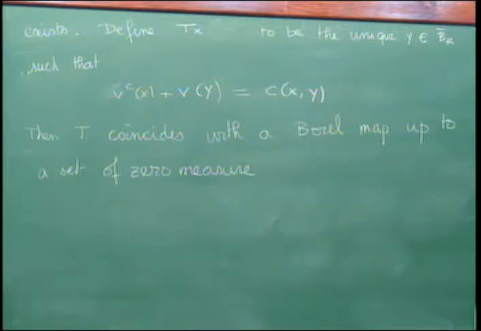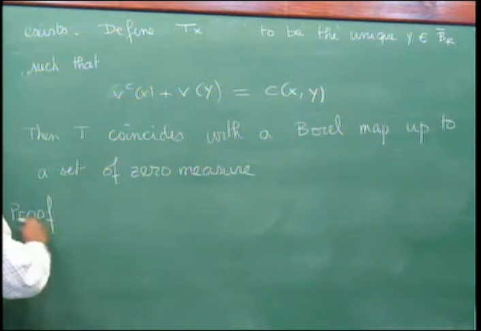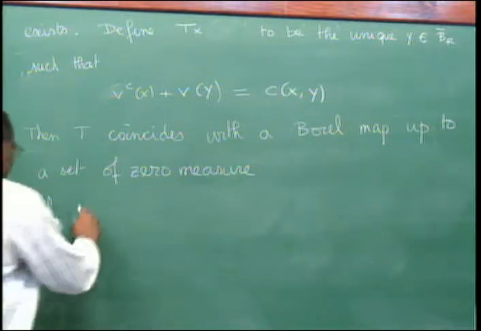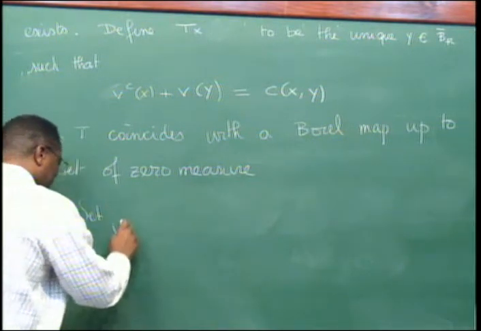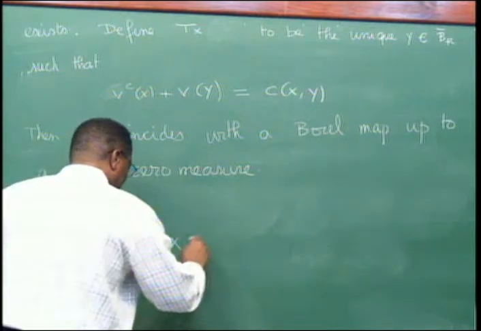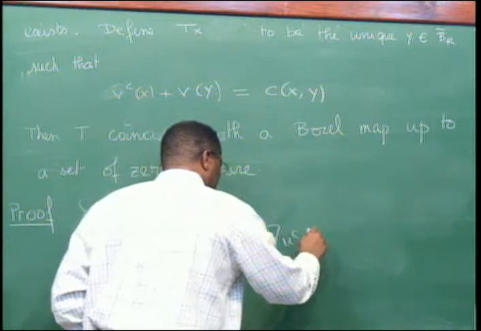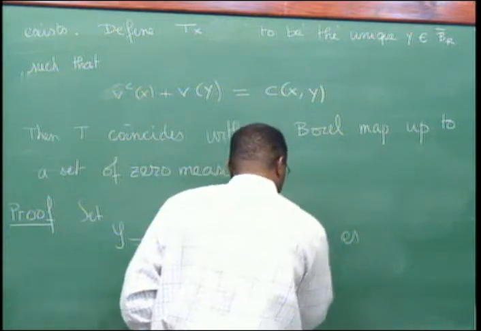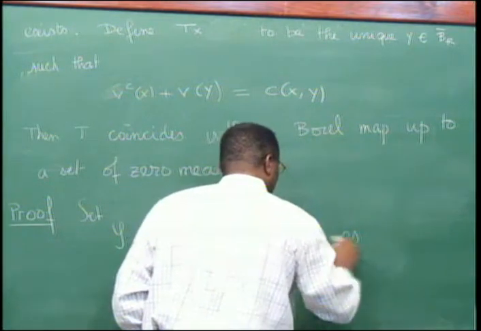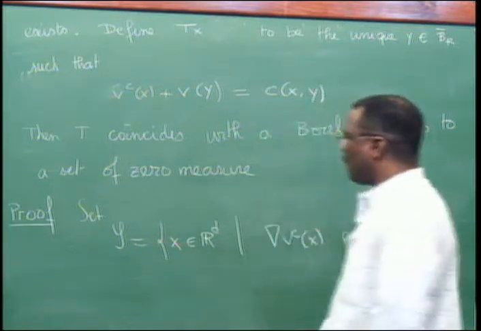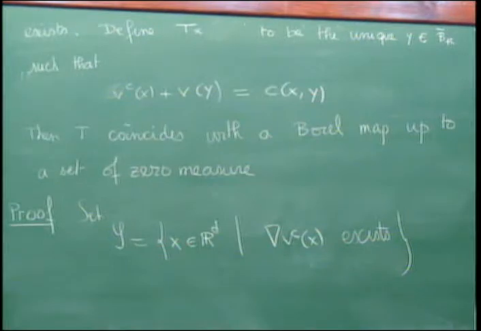So proof. Set S to be the set of x in R^D such that the gradient of VC of x exists. I claim that T is continuous on this set.